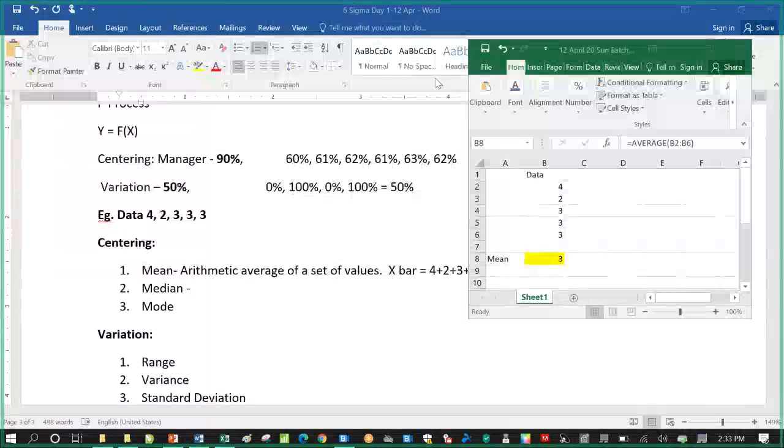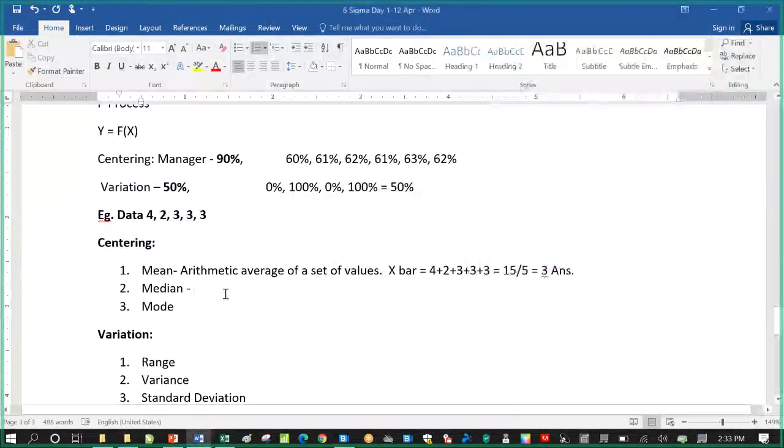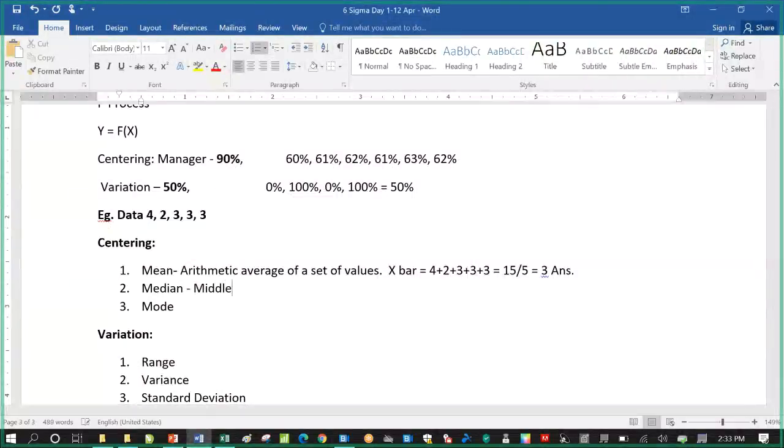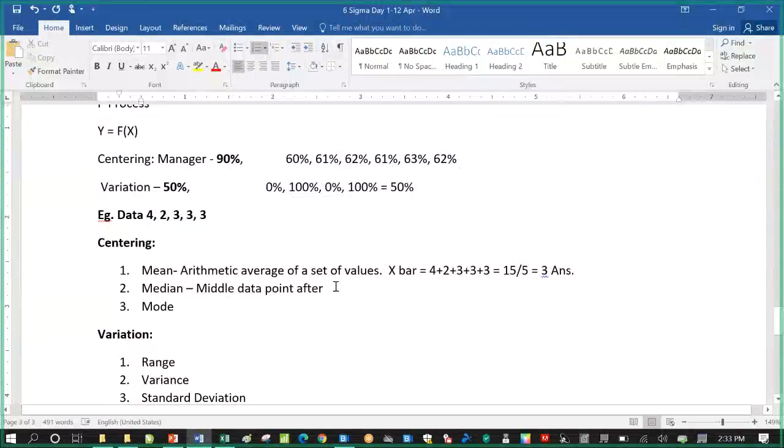That is what your average is. Second comes median. What do you mean by median? Median is the middle data point after sorting in ascending or descending order.